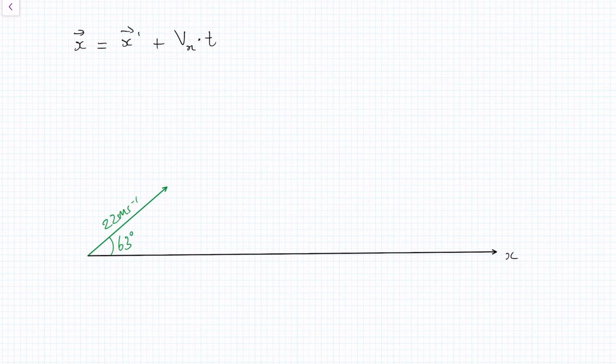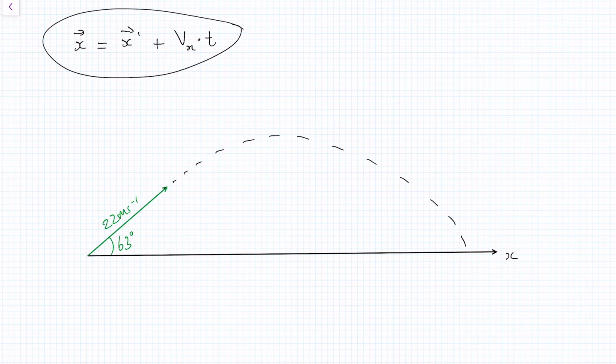These numbers are picked specially, so that the horizontal and vertical components turn out to be nice numbers. So we have this parabolic motion. This is the floor. Our aim here is to understand this relation better.